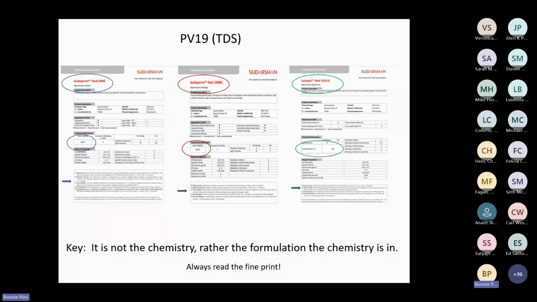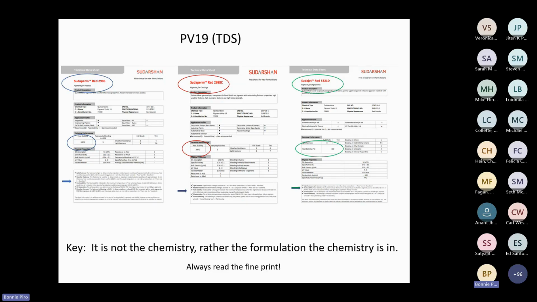And this all can be viewed with the TDS. However, you've always heard the terminology, always read the fine print. Here's one example of that, because if you look at these three products, one is developed for plastics, one TDS is for coatings, and the third one to the right is an ink TDS.